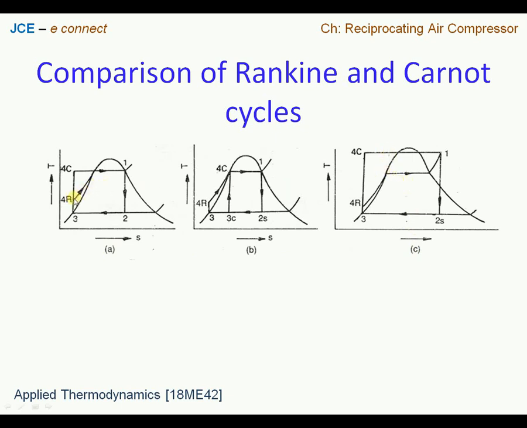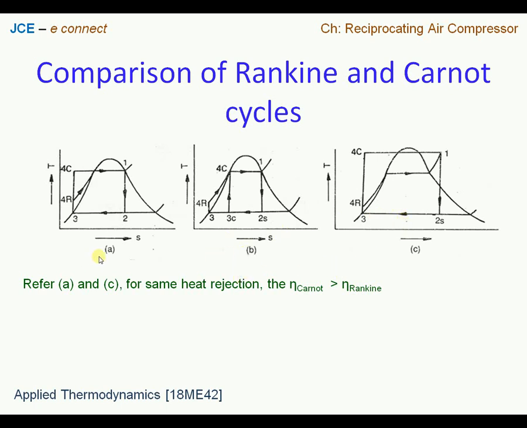The heat addition in the Carnot cycle is much higher in magnitude. One can see here, if you drop a horizontal line to the y-axis and if you drop one more horizontal on the y-axis, we see the heat addition by the Carnot cycle is much higher as compared to the heat addition by the Rankine cycle. Therefore we see that the efficiency of the Carnot cycle is higher as compared to the Rankine cycle when we compare figure A and figure C for the same heat rejection.